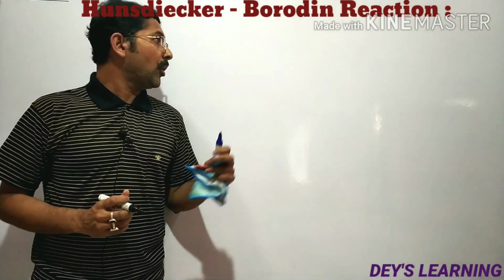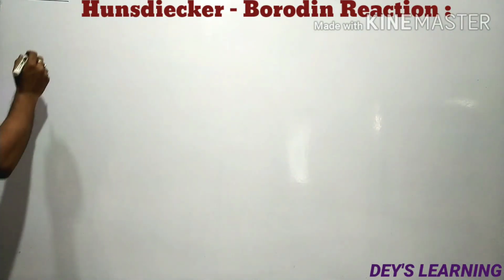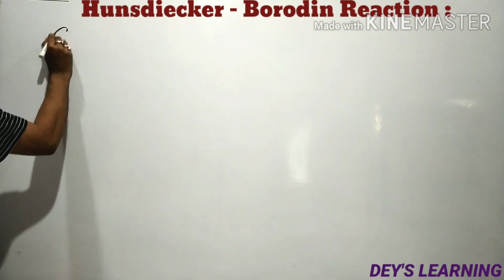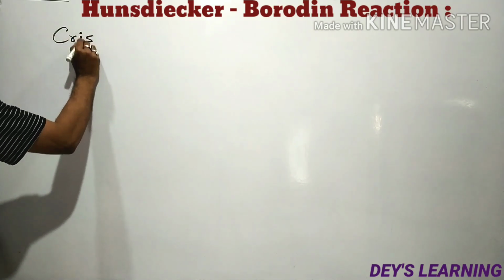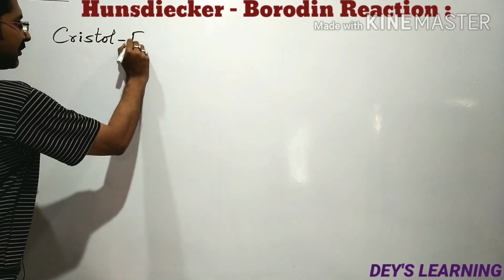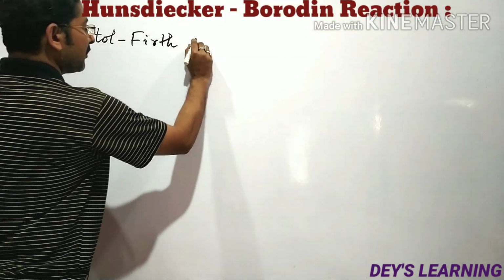Now let's see the modification of Hunsdiecker-Borodin reaction. The modification is known as Kochi-Firth modification. Again, the name of two scientists.